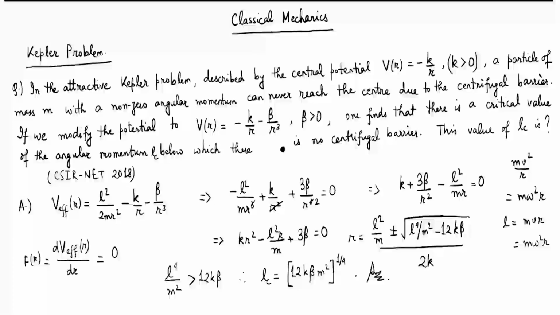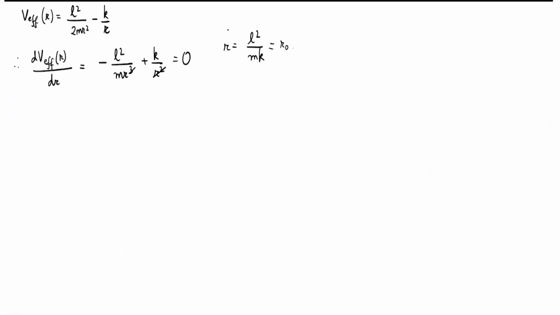You have a quadratic function of R. And the radius will be 0 only when L equals 0, because K and M are non-zero.